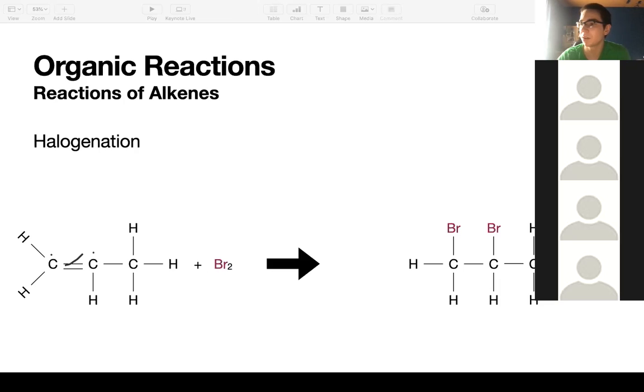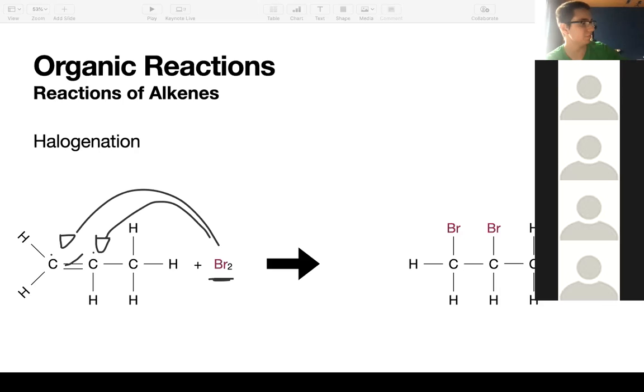So it's going to break apart this bromine, Br2, and move each atom to its own carbon. That's how we end up with this on the right. So similar to hydrogenation, just involving halogens. Not too complex. Don't overthink it. Just remember, break the double bond, add whatever you need to add. Let's go to the next one.